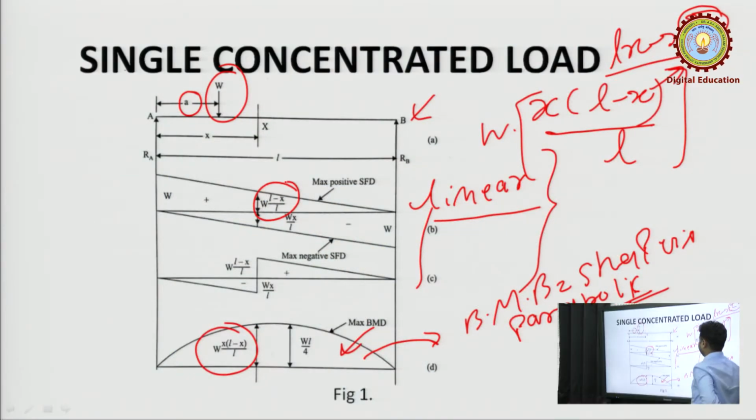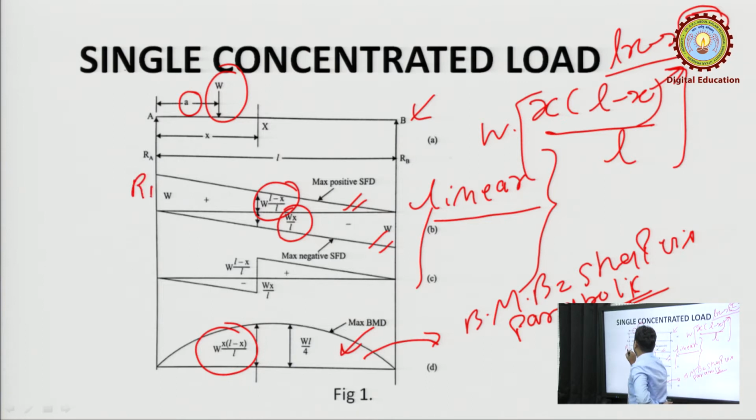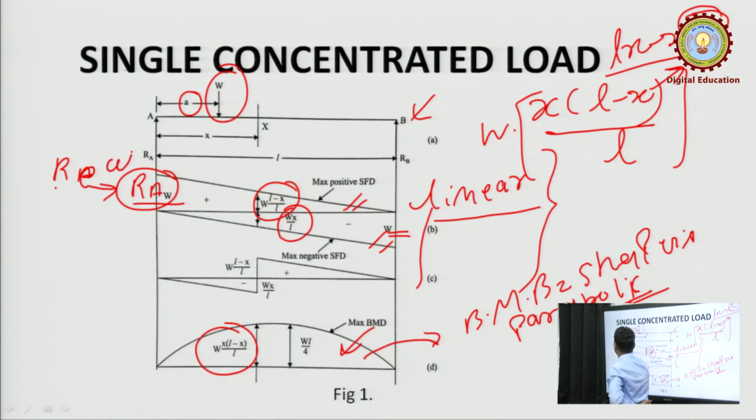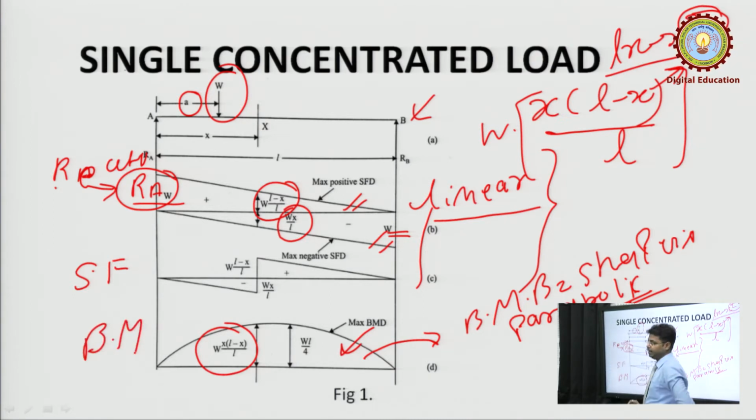W L minus X upon L, and in this diagram the negative value is X by L. This diagram is for reactions, this is for shear force, and this is for bending moment.